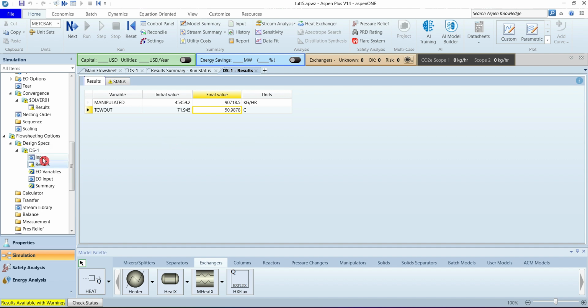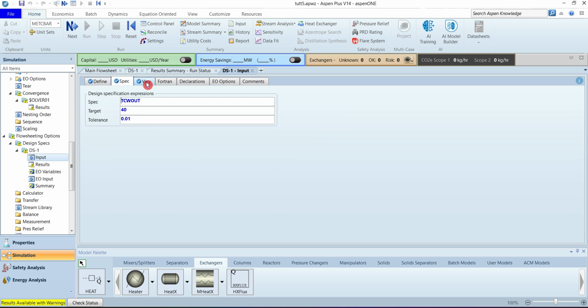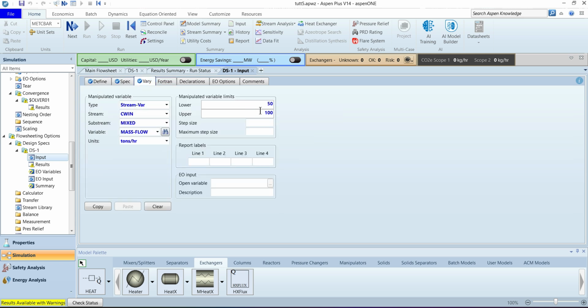So go to the inputs of the same design specification, and increase the limit, that is under vary. Increase the limit to, let's say, 200 tons per hour. Increase the upper limit and run the simulation again.